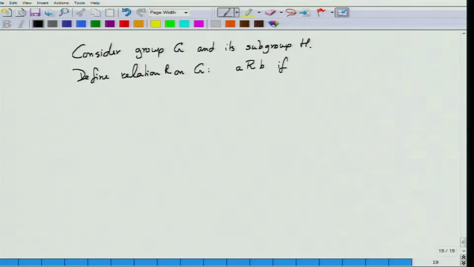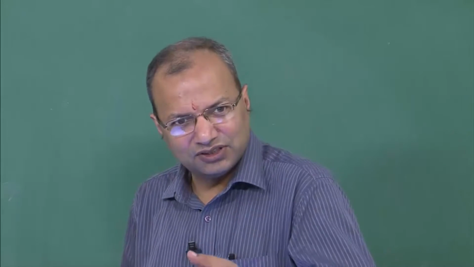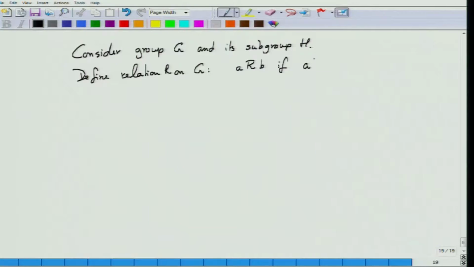So element A is related to element B. Now we have to define it with respect to the subgroup H. And just remember what we did. We did the subtraction of the two elements. That should be in the subgroup. Let us write this group multiplicatively, as we would typically do for a general group. So there we have to say A B inverse is in H. A minus B becomes A B inverse, where B inverse represents the inverse element corresponding to B. Now it is straightforward to see that this R is also an equivalence relation.